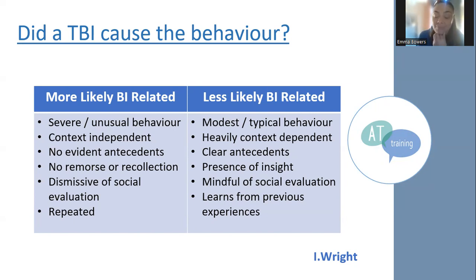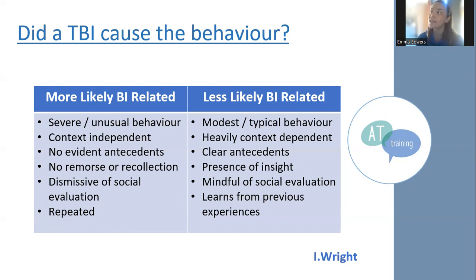If somebody's really dismissive of social evaluation, because again, teenagers are very sensitive to that social evaluation. Just as a small example, one of the girls that I work with, and I've worked with her for a long time, her behaviours have really changed over the years.